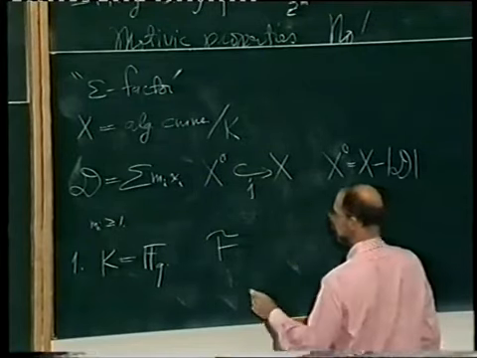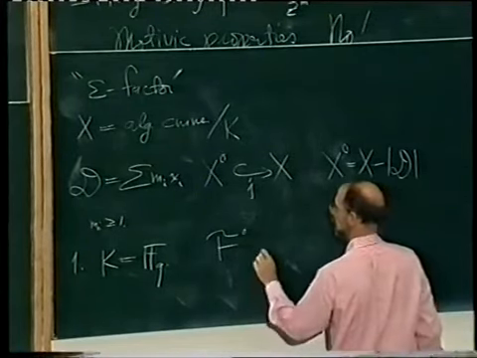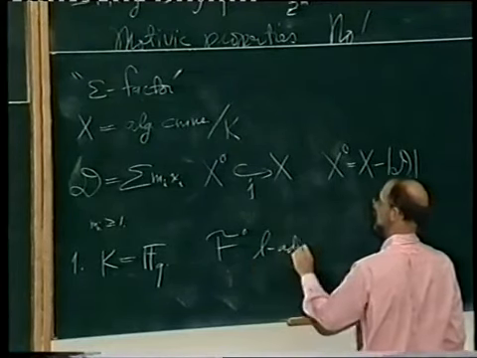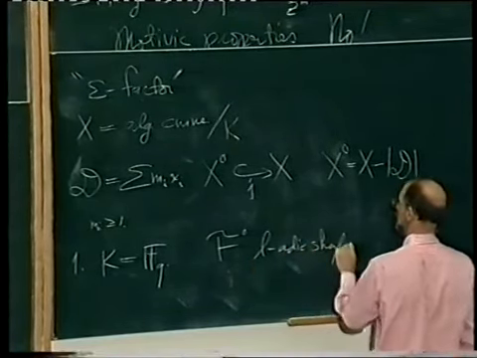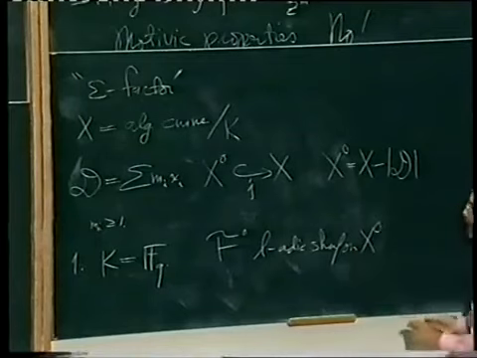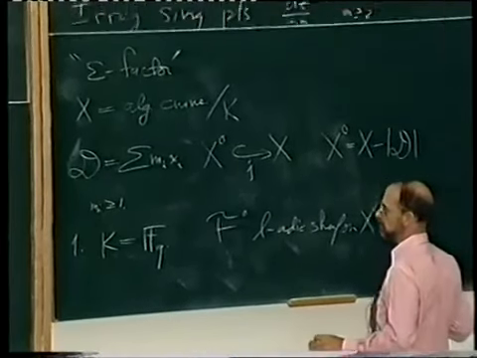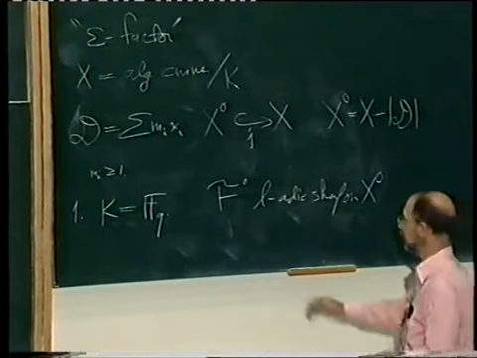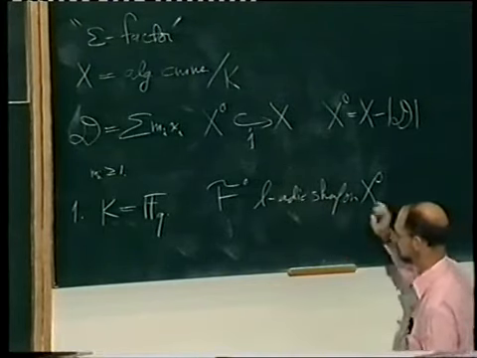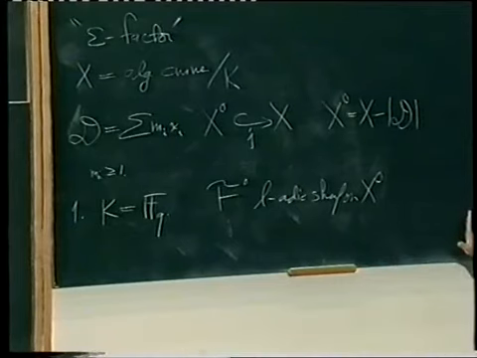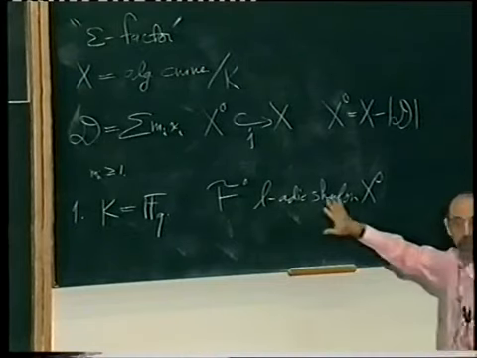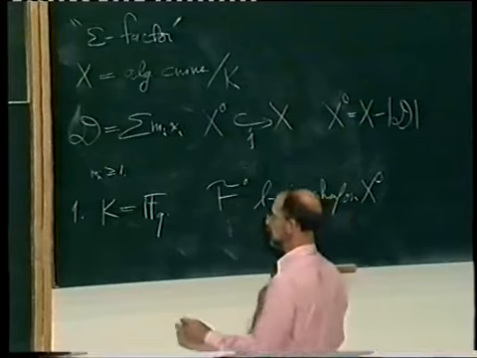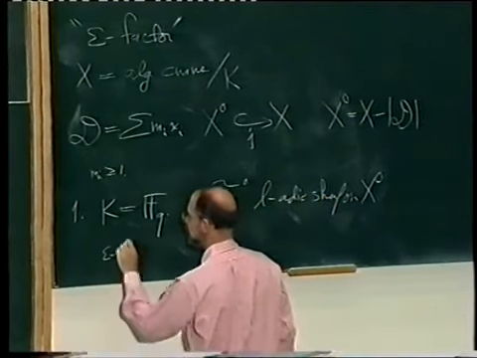But for those who do, suppose I have F naught, an L-adic sheaf on X naught. And then the simplest thing of an arithmetic nature one can ask about this F naught is the so-called epsilon factor.